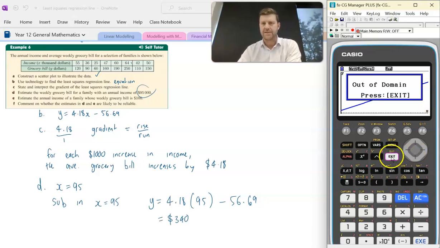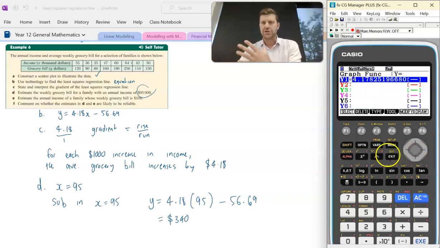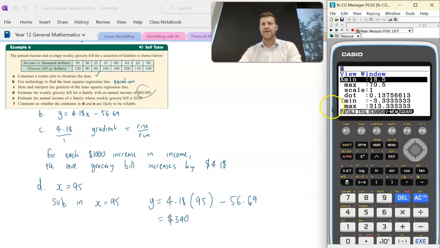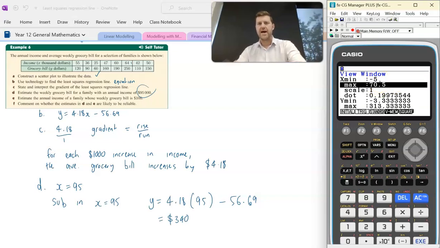So let's exit. If this ever happens to you, you need to change that view window. So go back into Drawer, Shift, View Window, and we want the maximum X to be greater than 95. I like to set the minimum to a negative value so that I can see the X-axis in my view window.